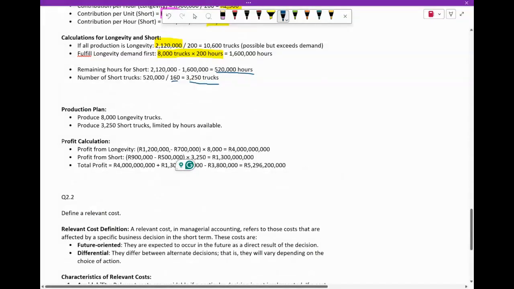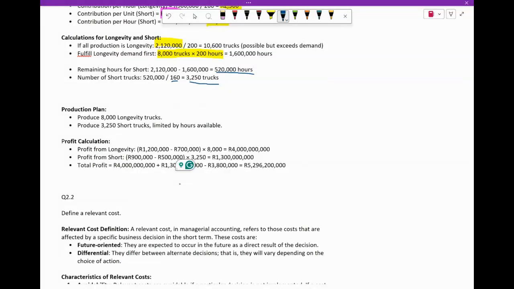So now they want us to calculate the maximum profit. Obviously you say 8,000 times your contribution, and you're going to get 4 million.